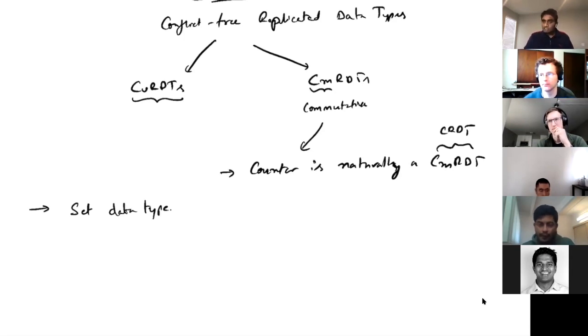But what if you have additions and removals? There's a way to delete an element from the set and also add an element to the set. How could you do that? First of all, is that a CRDT? If you have a set which supports both insertions and deletions, it's not a CRDT. Yeah, why?